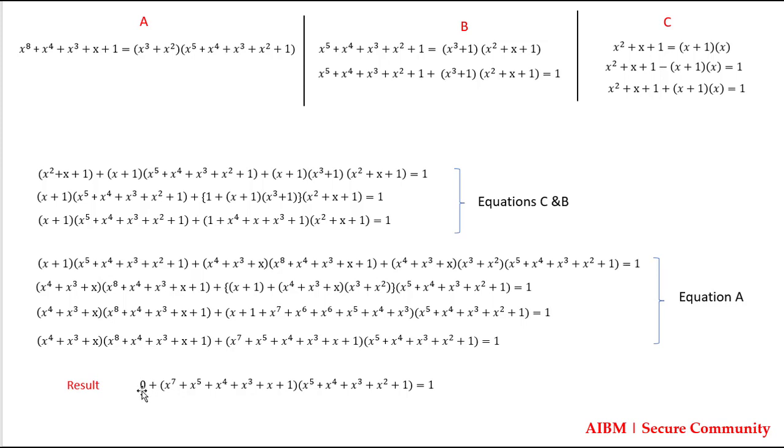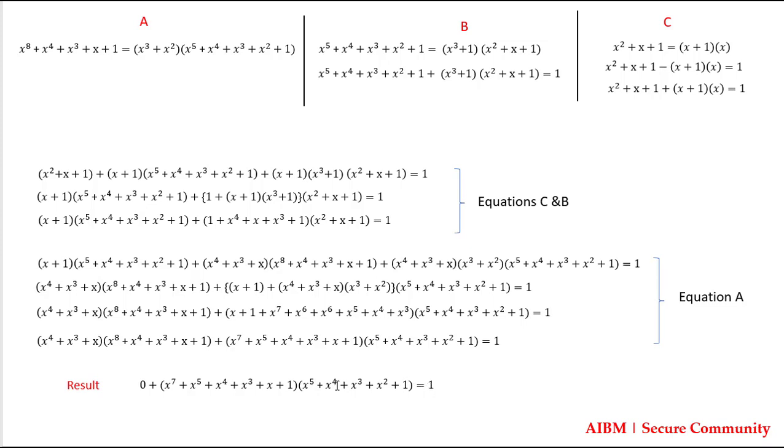So this is 0, and this side will be the same: (x^7 plus x^5 plus x^4 plus x^3 plus x plus 1) multiply with (x^5 plus x^4 plus x^3 plus x^2 plus 1) equal 1.